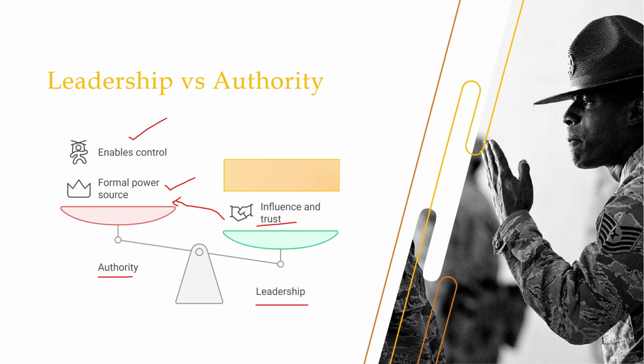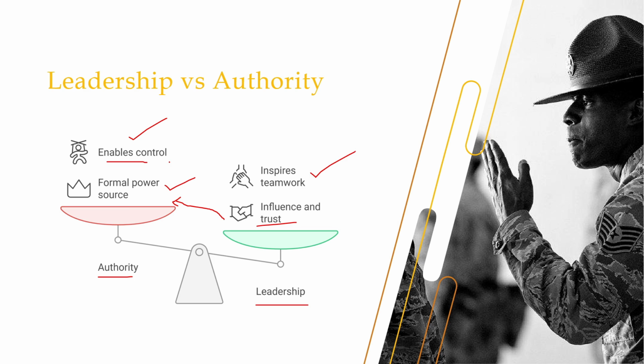Authority is going to allow a person to, let's say, direct actions, tell people what to do. But leadership is going to inspire a sense of purpose and unity for sure. So, that's another difference: leadership inspires teamwork, while authority solely relies on authority, right? It is insufficient.